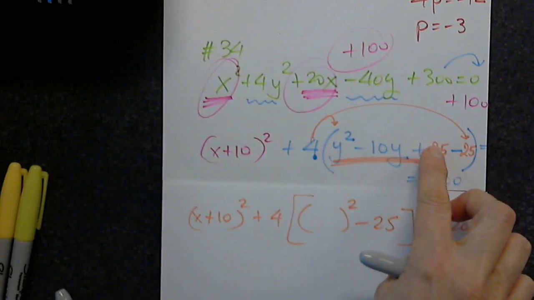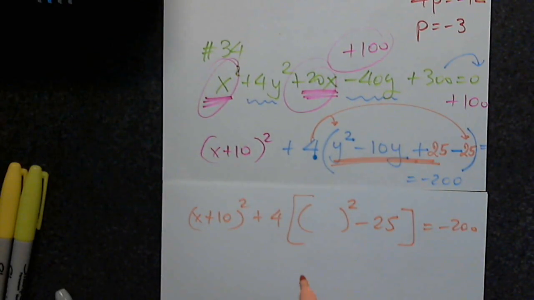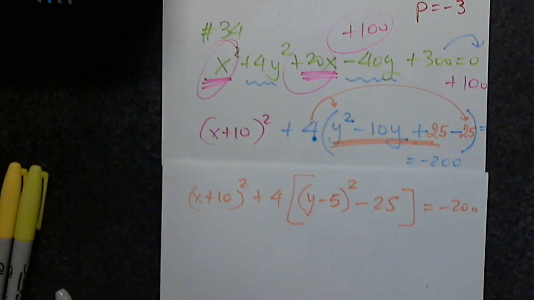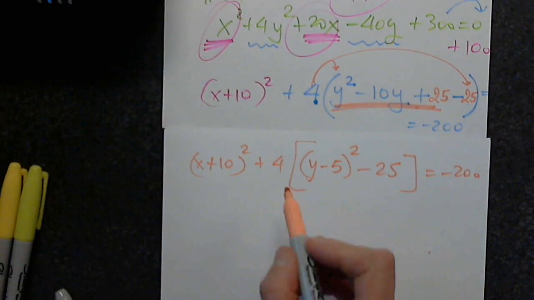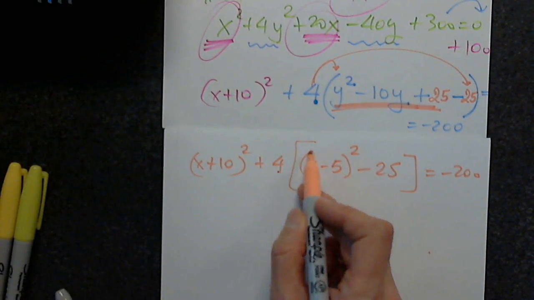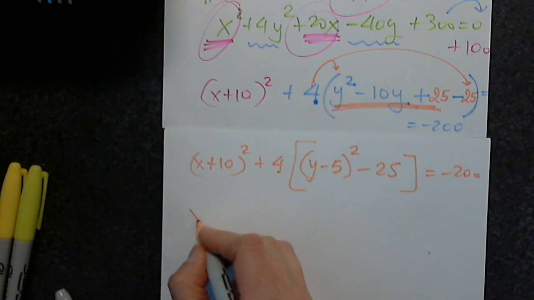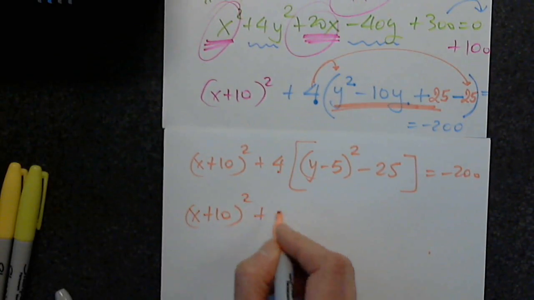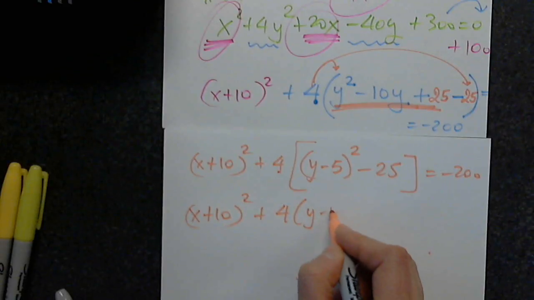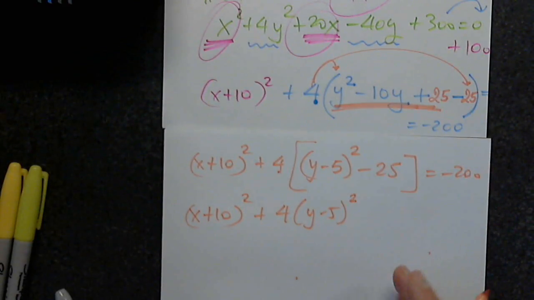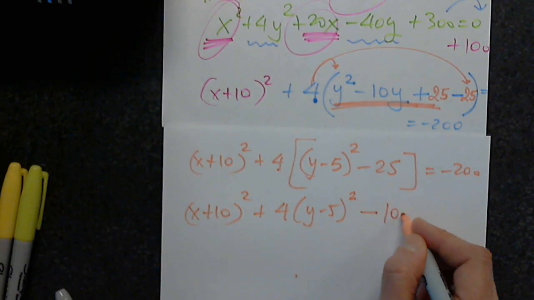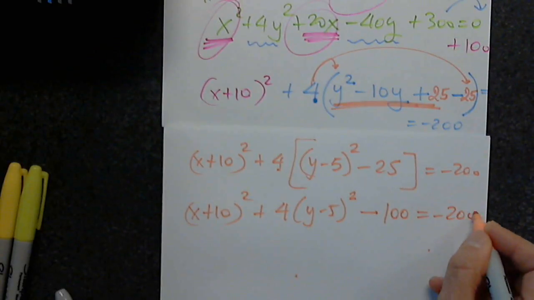I want these 3 terms here. Now I have to multiply the squared, nothing, just put the 4 outside: x plus 10, everything squared, plus 4, y minus 5 squared, minus 100 equals negative 200.